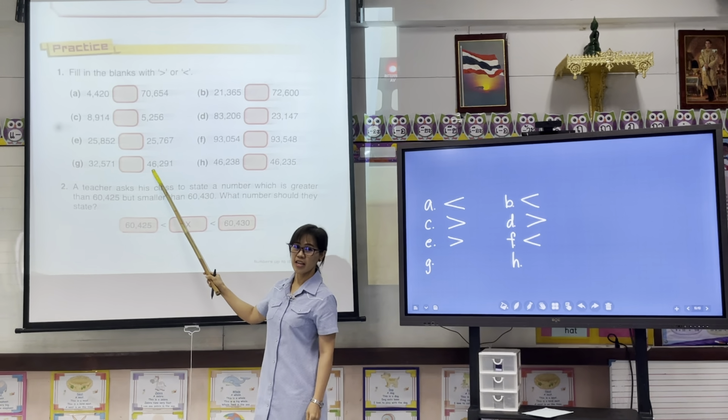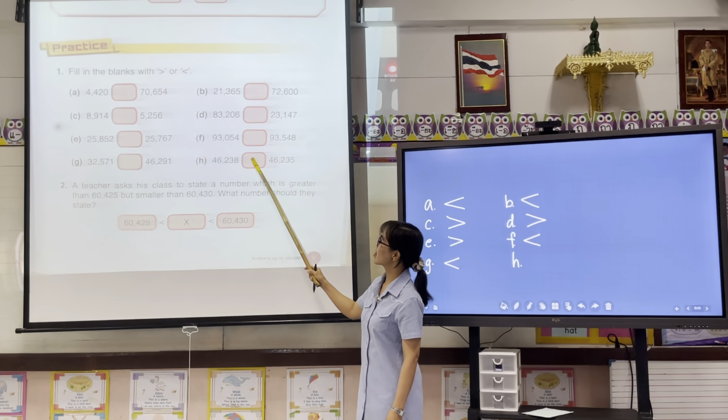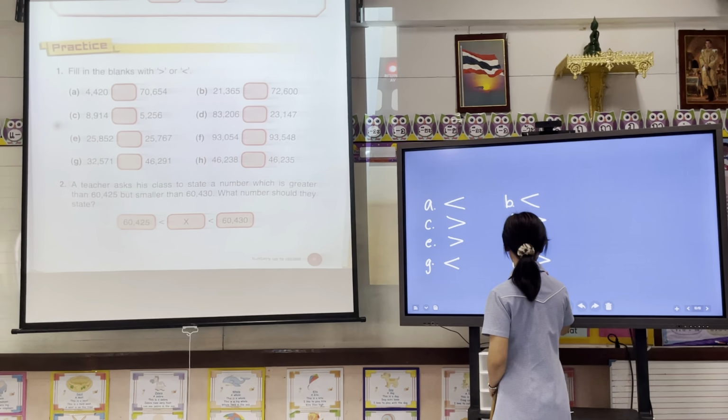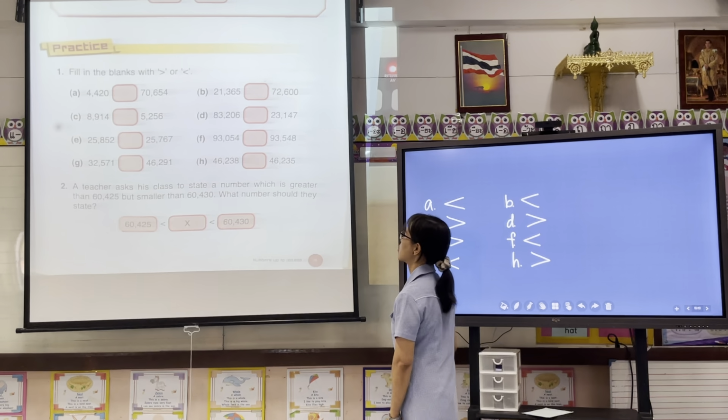Alright, H. 46 and 46, they are the same. 2 and 2, the same again. 3 and 3, the same. Now, proceed with the ones. 8 and 5. What do you think? Yeah, greater than sign. You open the mouth to the bigger number.